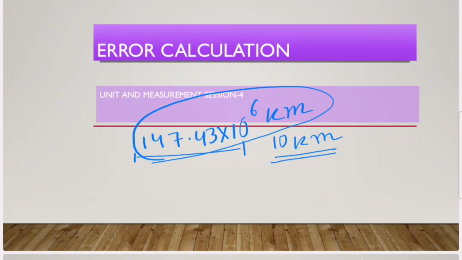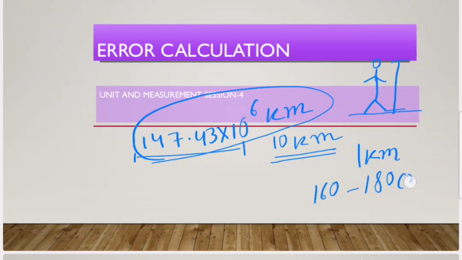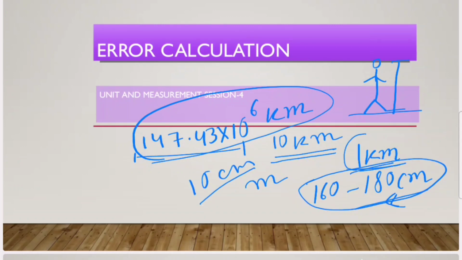But we cannot afford to make even an error of 1 kilometer while we are measuring height of a person, because ideally height of a person varies between say 160 to 180 centimeters, which is much less than 1 kilometer. We cannot afford to make an error which is of the order of even meter or even of the order of a few centimeters while measuring the height of a person.